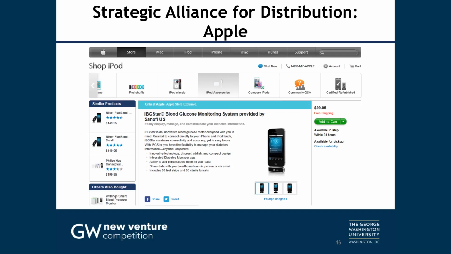For us, Apple was a new way of reaching a completely different market segment. And for Apple, it was a way for them to start offering a whole new product sector, which was medical devices for their iPhone.